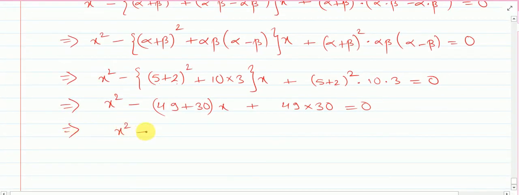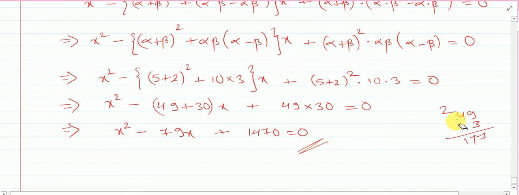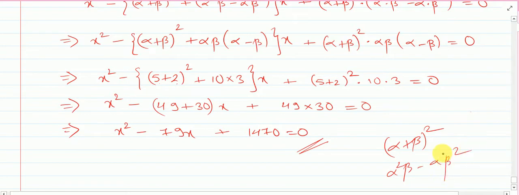So x square minus 79x plus, and you can multiply this, 3 9s are 27, 2 3 4s are 12, and 2 14, so you get 1470 is equal to 0. So this is the required quadratic equation which will have alpha plus beta whole square, alpha square beta minus alpha beta square as its roots. So this question is solved and this will give you 6 marks.